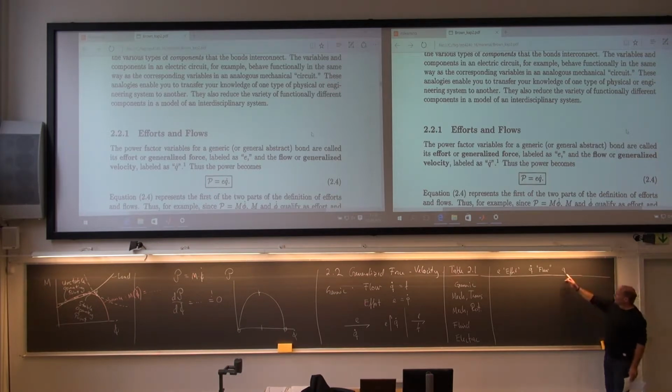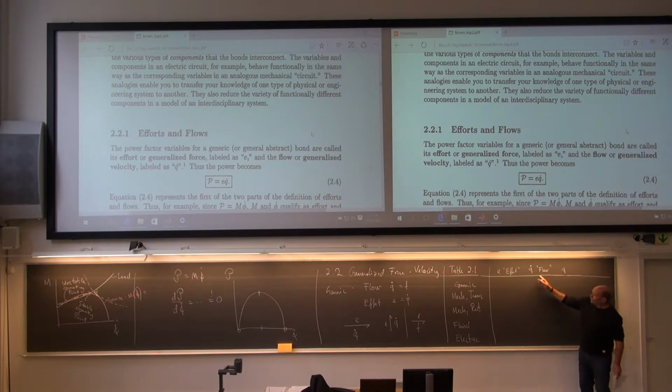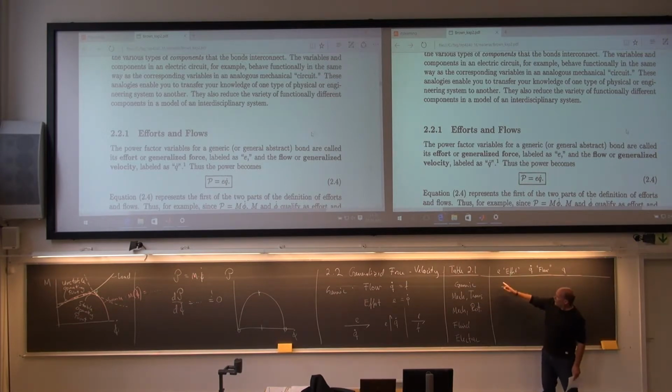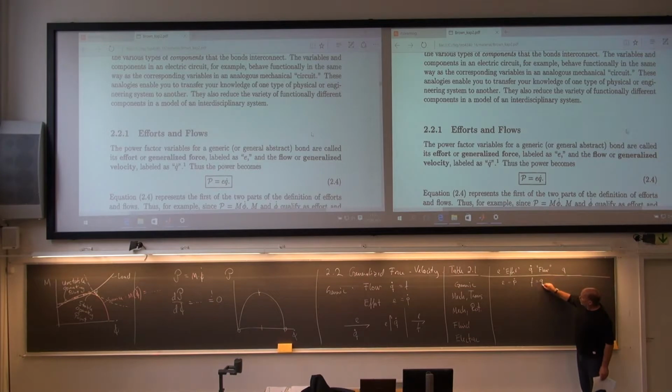Then you need to do some integration of this Q dot quantity to get the Q only. What will it be? Well, we can start here. The generic here, it's E or P dot if you like. For the flow, that's just an F or a Q dot.